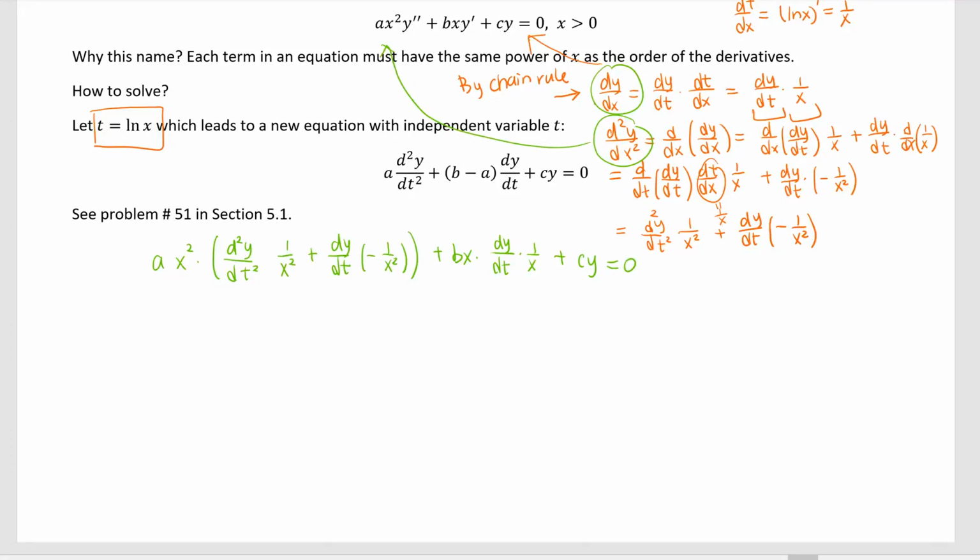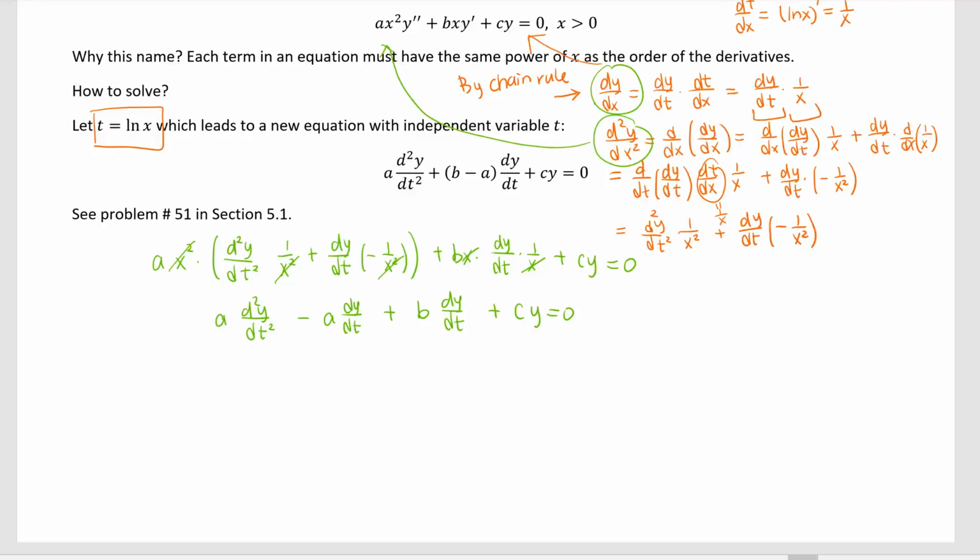Let's distribute it. Can you see all the x squared cancel? So we have a times the second derivative of y with respect to t, and then here we have minus a dy/dt. Next, the x cancels, so we have b dy/dt plus cy equals 0.